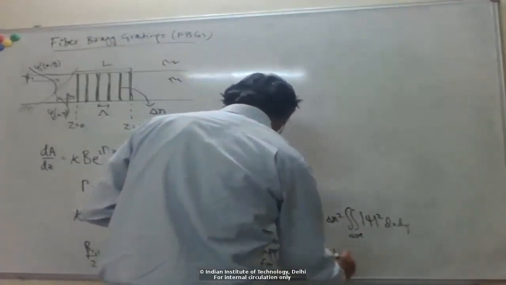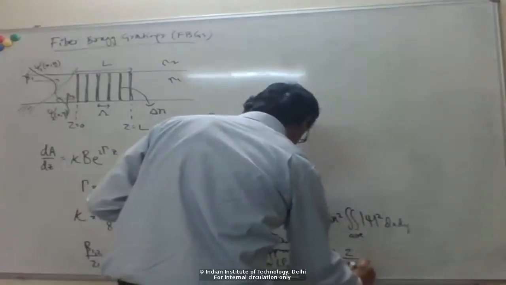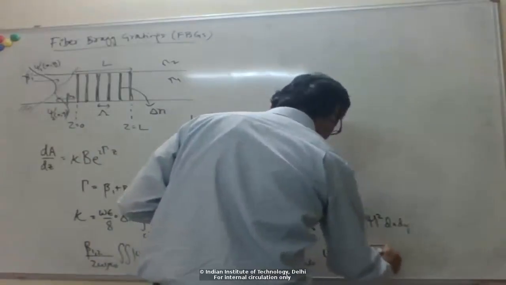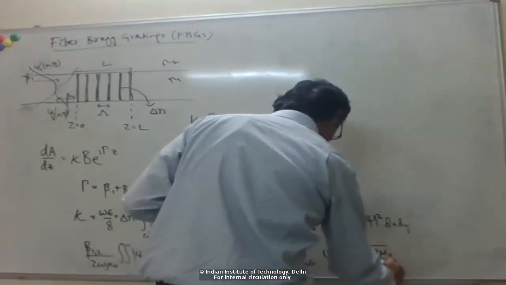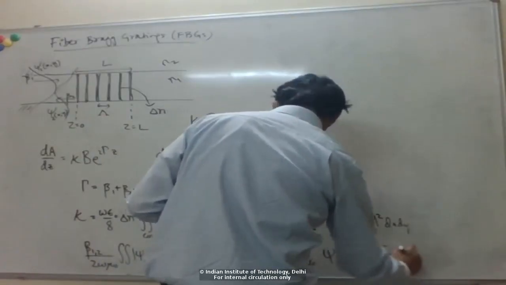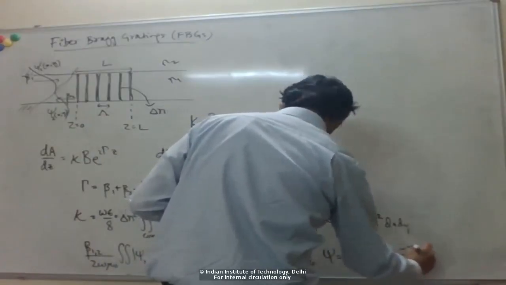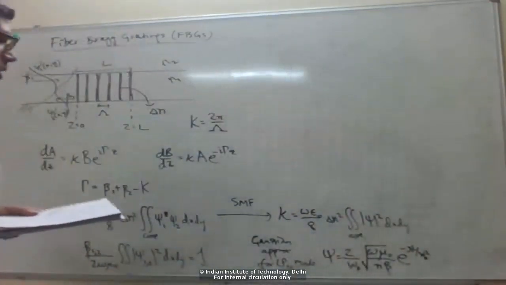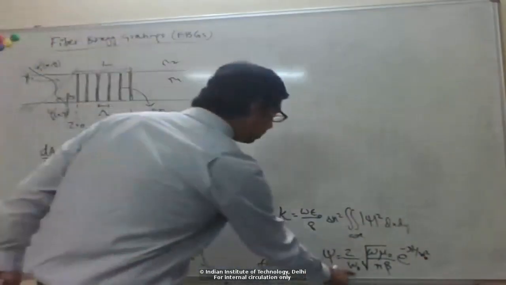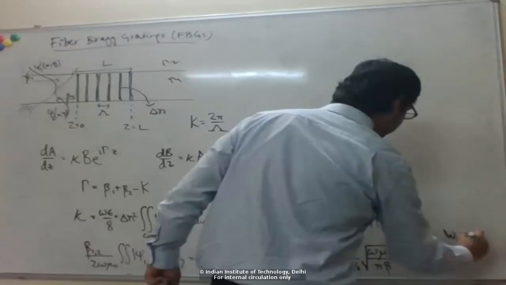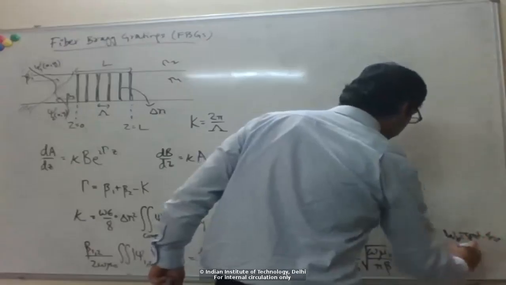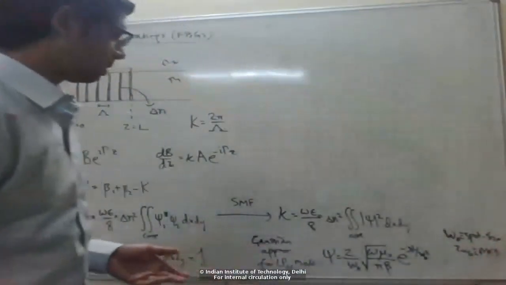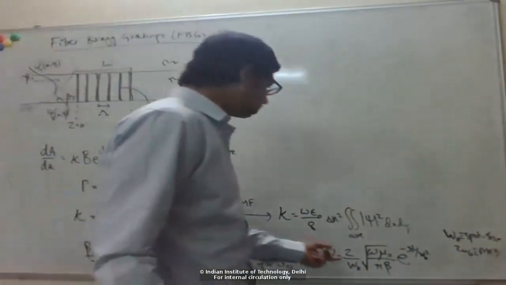So we can write this mode profile as follows. This W naught was, remember, the spot size, or 2W naught was the mode field diameter, which depended on the V number or the wavelength for a particular fiber.